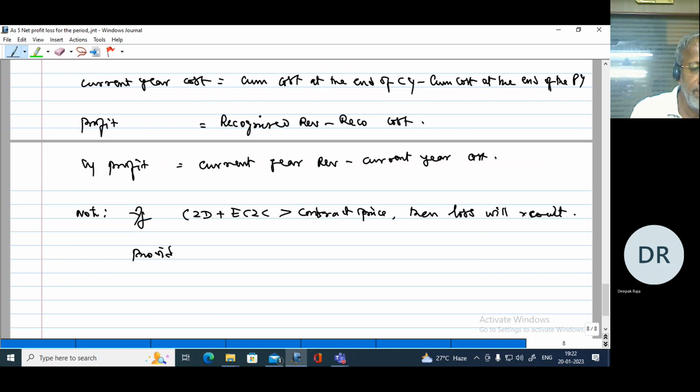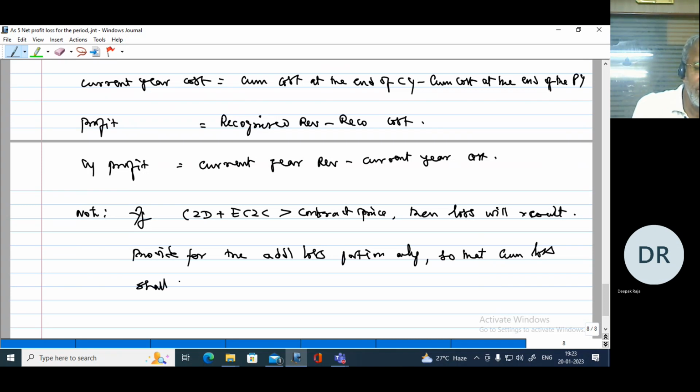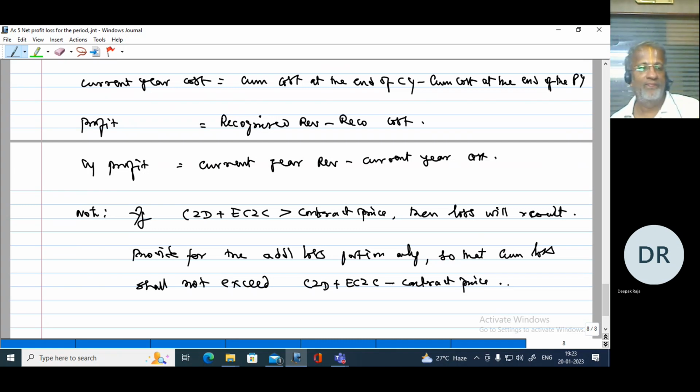Provide for the additional loss portion only, so that cumulative loss shall not exceed cost to date plus estimated cost to complete the contract minus contract price.